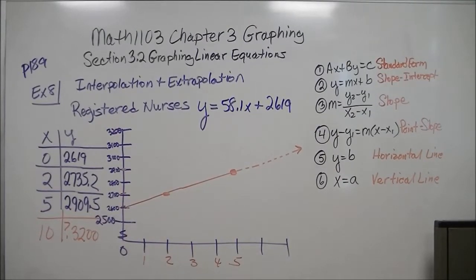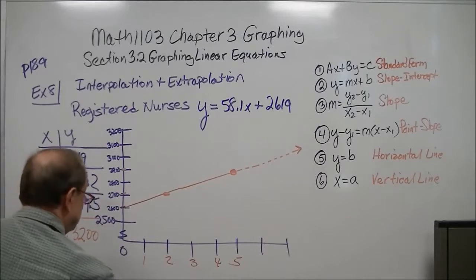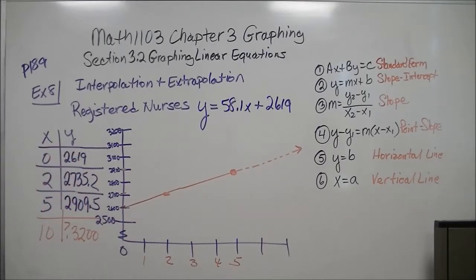Okay, as we go into example 8 here, I'm going to introduce a couple of words: interpolation and extrapolation. I have heard of these, but this deals with registered nurses increasing at a rate of about, these are in thousands, 58.1 thousand per year. And when we started, we had this amount.